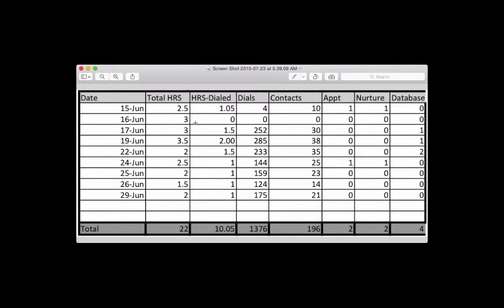Now, where your challenge is going to be is in hours dialed, right? Because a telemarketer whose only job is to sit on the phone doesn't have distractions, right? So it's about holding yourself accountable to the dials, if that makes sense.